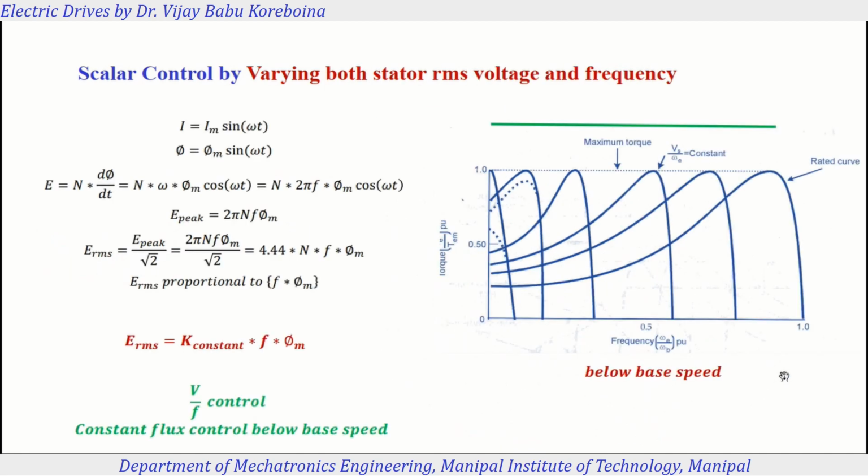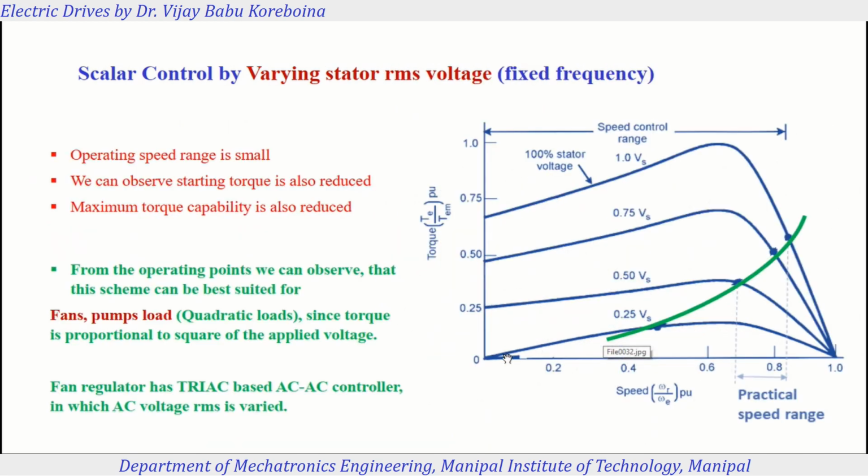Now what are we going to do below the rated speed? If the frequency is changing, we are getting good speed characteristics. Unlike here, by changing RMS voltage you are getting only a small speed range, and your torque capability is reduced.